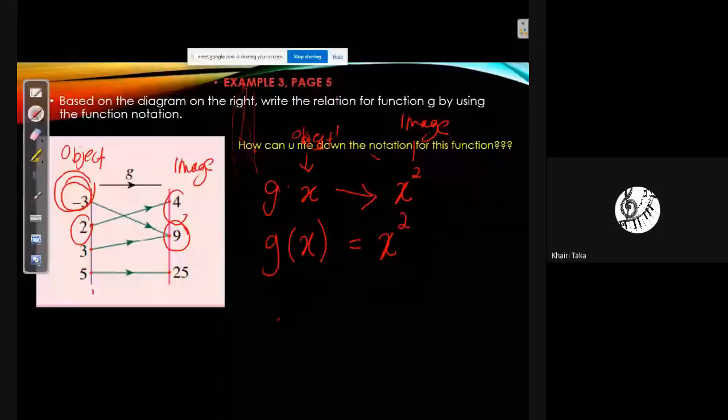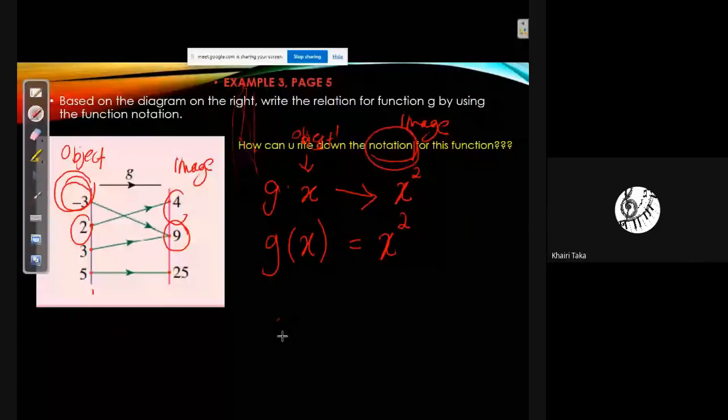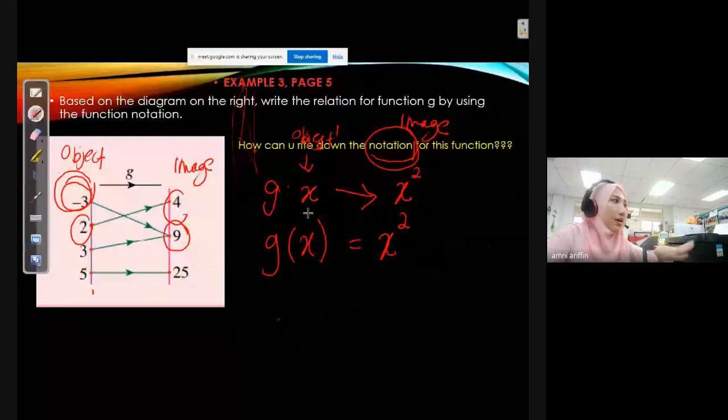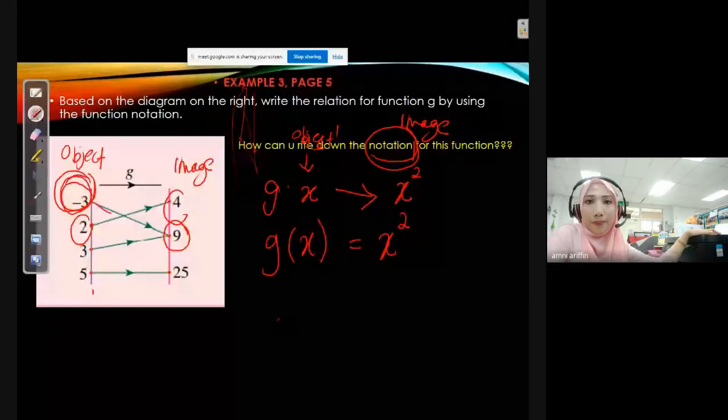So everything notation ni kamu akan depend pada dia punya diagram. Depend on the diagram. Okay, you tak boleh bagi tahu semua sekali, teacher, semua image dia mesti x square ke? Bukan. Kamu kena depend pada diagram dia lah. Kalau diagram dia bagi macam yang ini, you kena tengok dia punya object and then you kena tengok berapa image yang diberi. Boleh?